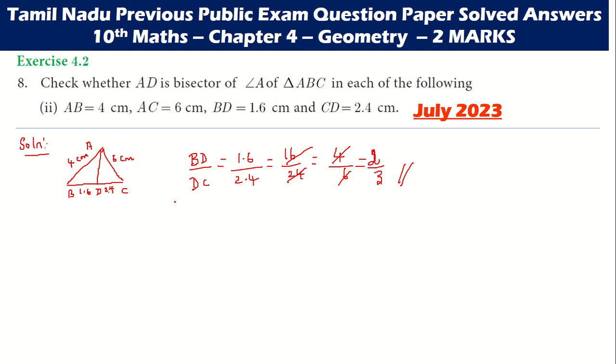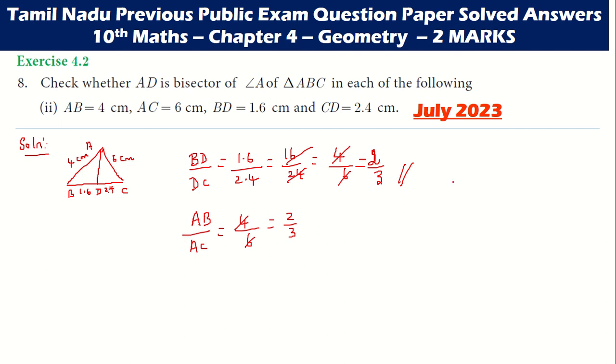இப்போ வந்து ஏபி அண்ட் ஏசி. ஸோ தட் மீன்ஸ் AB divided by AC, which is equal to 4 by 6. Cancel பண்ணா 2 by 3.